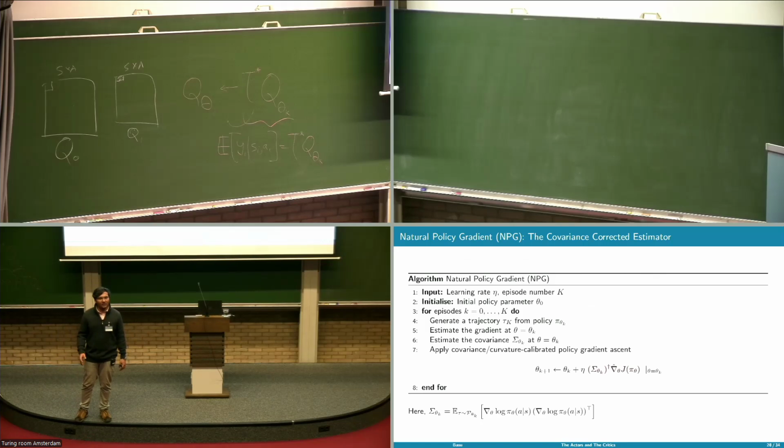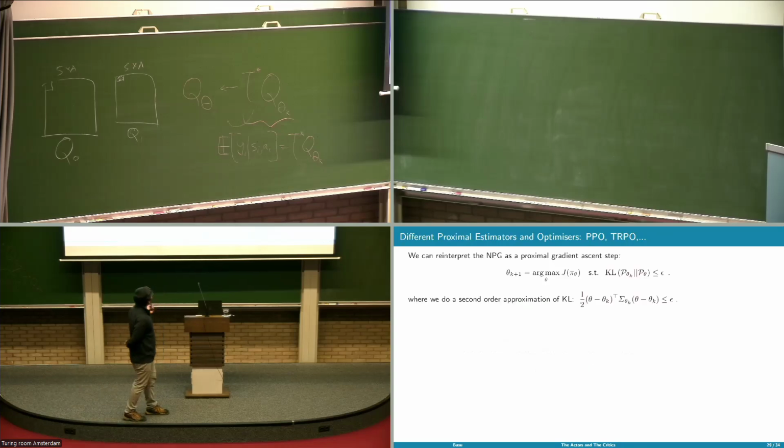So this is a way of saying that rather than just using first order information, you use the second order one, the curvature, and keep on going. Maybe that's why natural policy gradient is called natural, I don't know. Yeah, so this is the purpose of this, but it actually gives us a very good family of algorithms.